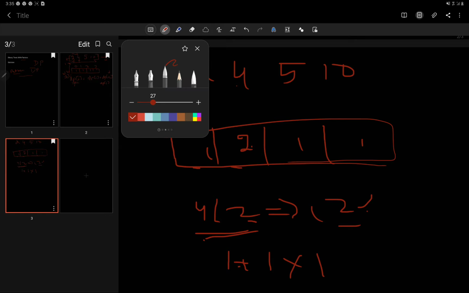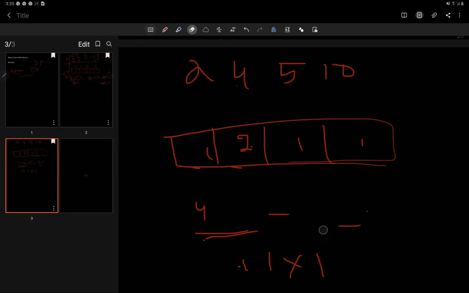Now let's increment i. We see for 5: 5 % 2 is not 0, 5 % 4 is not 0. So we move ahead again.